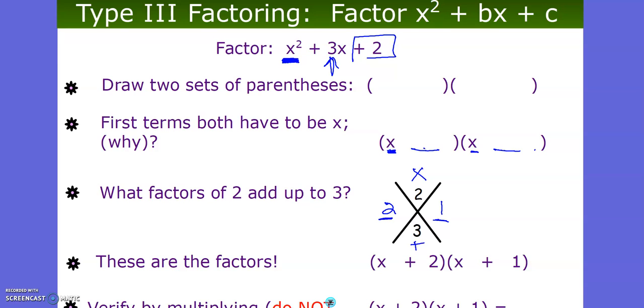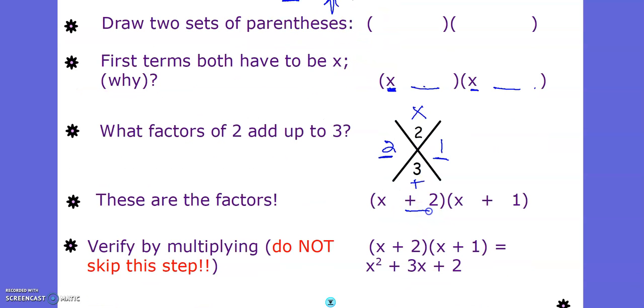The 2 is positive, so I write down plus 2. The 1 is positive, I write down plus 1. And you're done. You've just factored your first trinomial. Always verify, which means take your factors and do your double distribution, and make sure you get the polynomial that you started with.